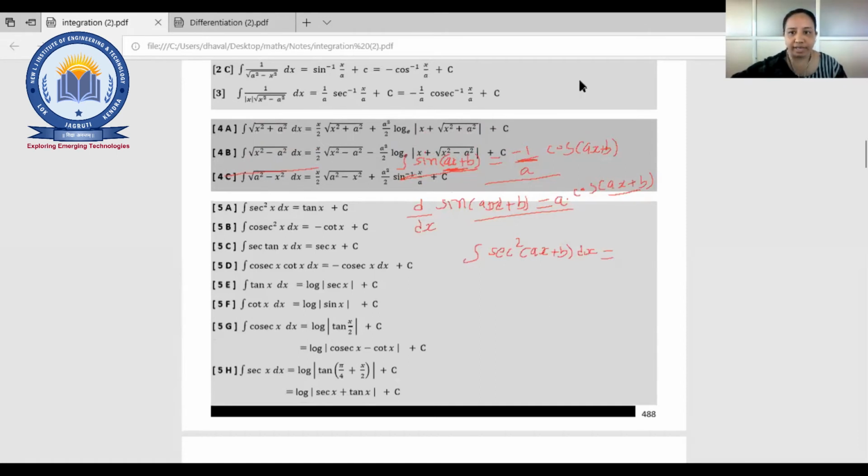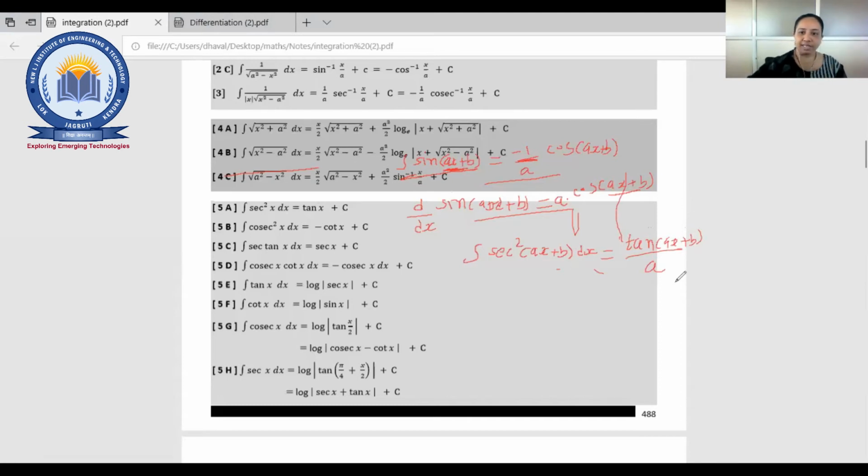But now instead of x, it is ax plus b. So obviously you have to go for that also. So this answer is tan ax plus b upon a, plus c. That is the simple thing, right?